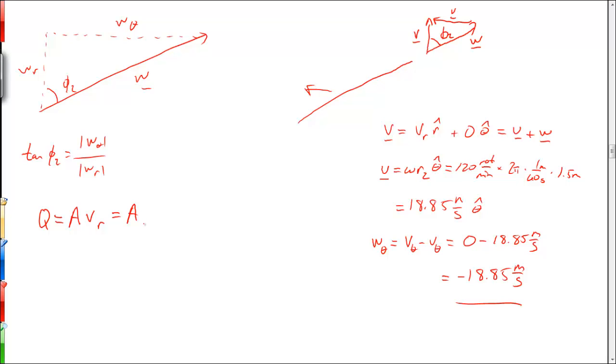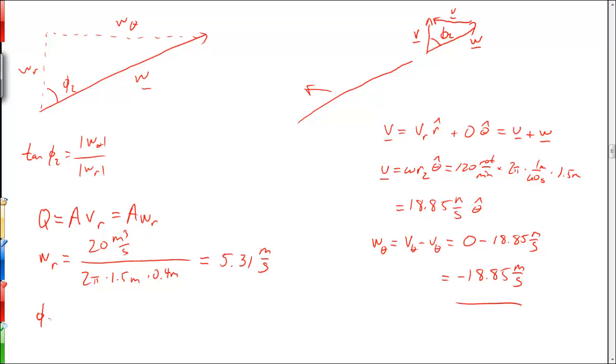So this is just equal to A WR. And so therefore we can solve for WR is equal to 20 cubic meters per second over the area, which is 2 pi times 1.5 meters, which is the radius, times 0.4 meters, which is the depth of our rotor into the screen. And we find that, after some math, equals 5.31 meters per second.